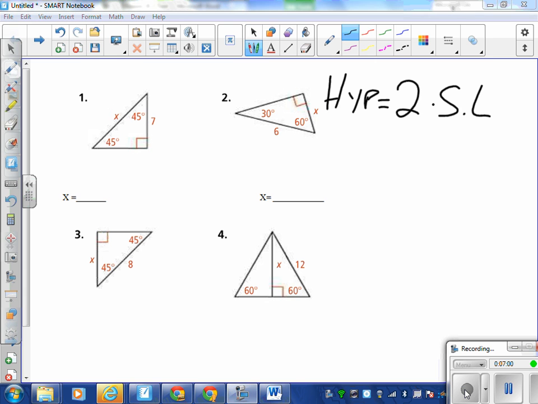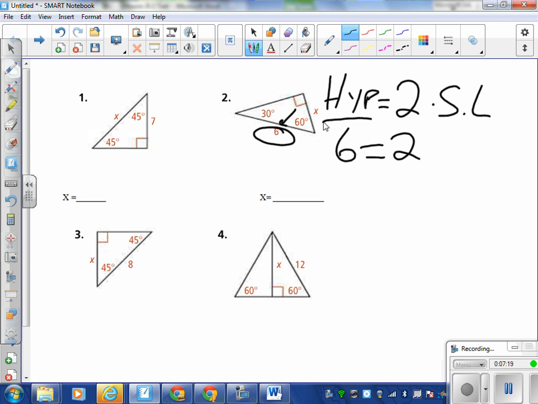So looking at question 2, we know the formula, hypotenuse is 2 times the short leg. Do we know the hypotenuse? No, there is no. Yeah, there is right here, 6, opposite that angle, right? As Maria told us, this points to the hypotenuse. We have 6 equals 2 times the short leg. We don't know what the short leg is, just put x down, because it tells us the short leg is x.